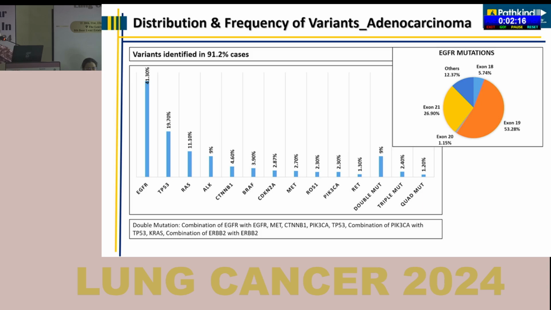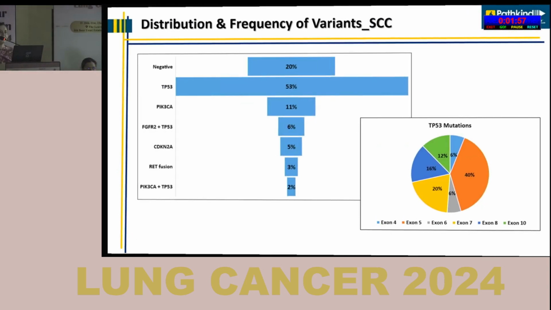So two different kinds of mutations, point mutations as well as amplifications. There were other cases, 2.4%, in which there were triple mutations and beyond. This is the scenario that we had for adenocarcinomas.